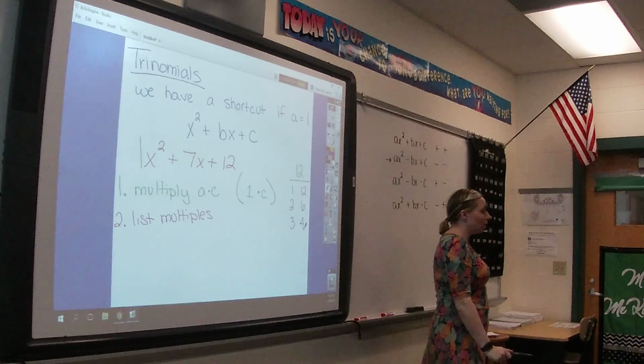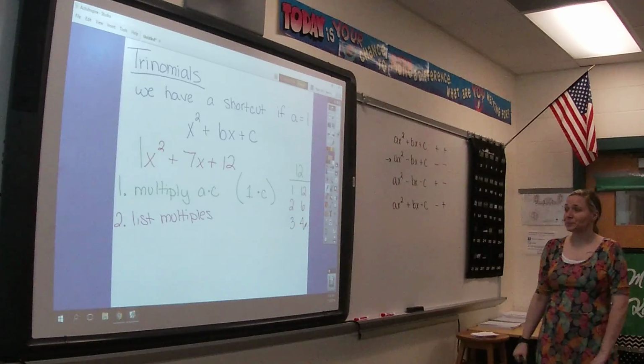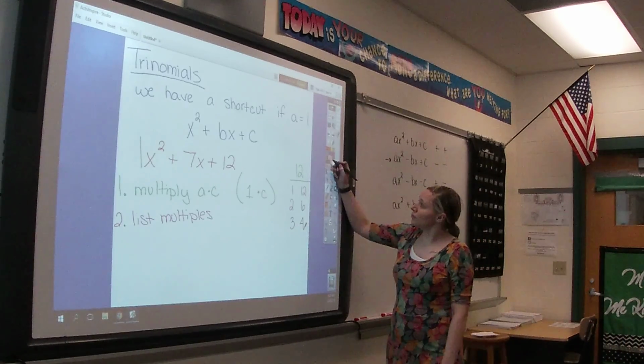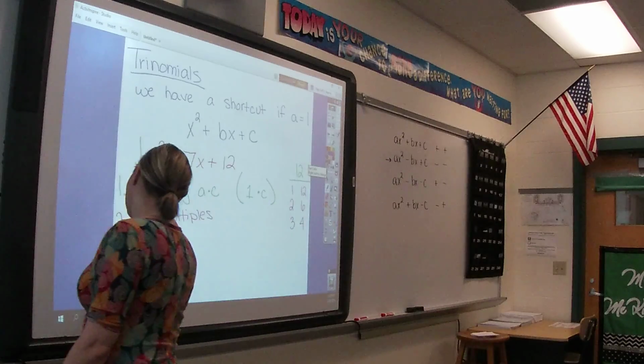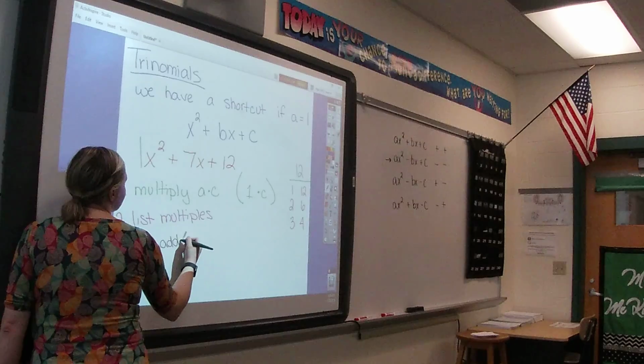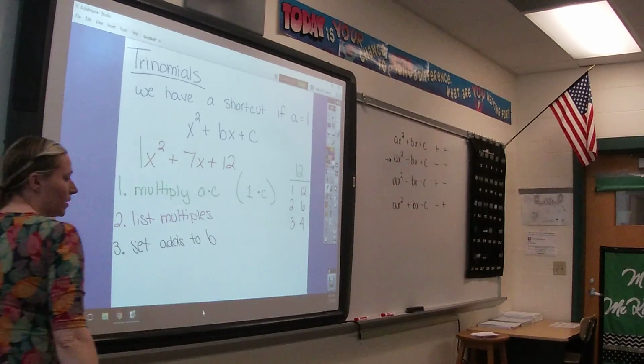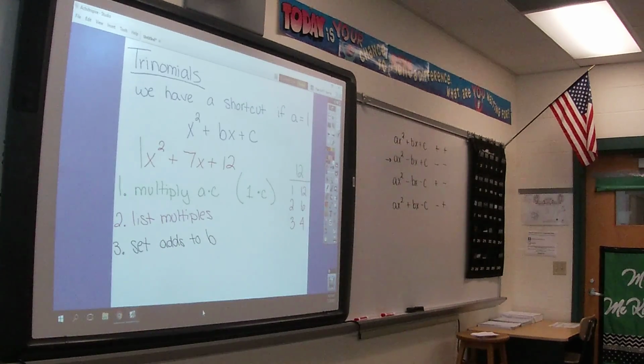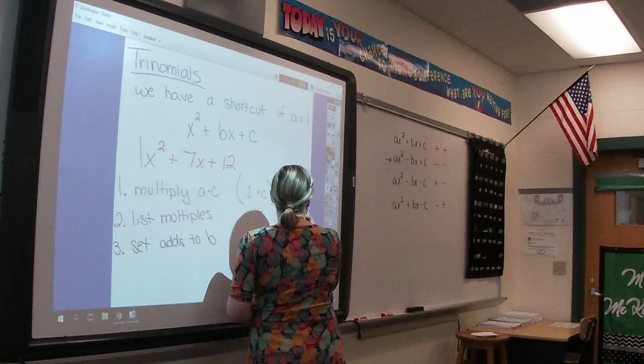Everything is positive, so we don't need to adjust anything with the signs. We want the set that adds to be b. I'm writing this a little bit more shorthand than I did yesterday since it's the same steps. So what pair are we going to pick? The 3 and the 4, right, because 3 plus 4 is 7.